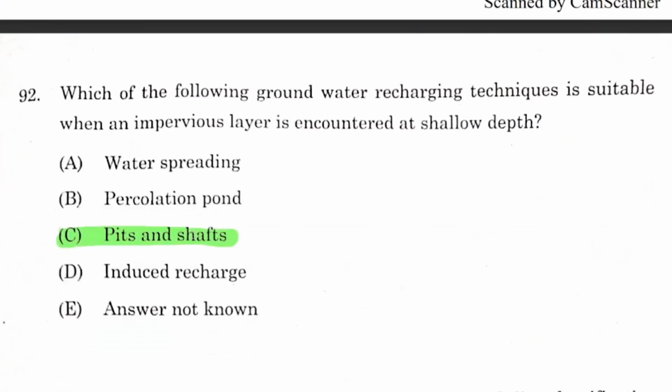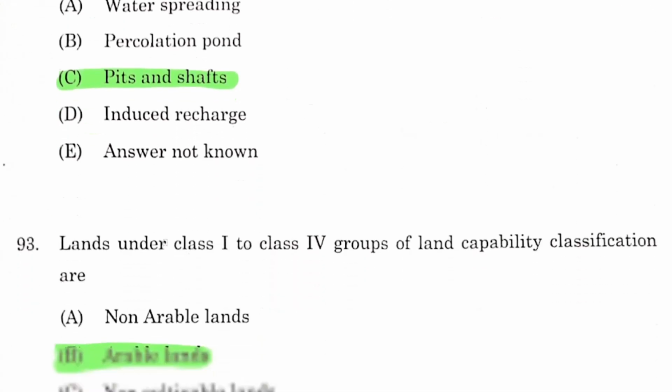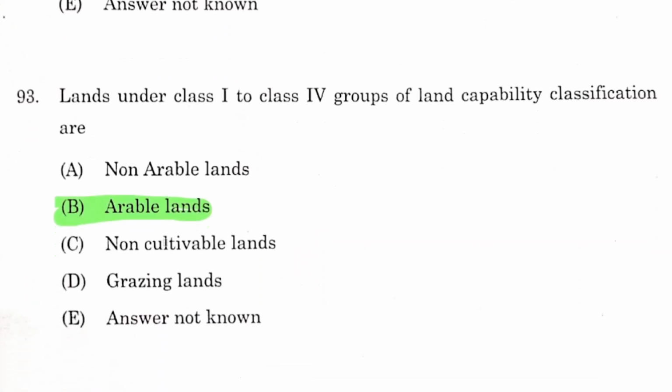Next question number 92. Which of the following groundwater recharging techniques is suitable when an impervious layer is encountered at shallow depths? That is pits and shafts. Next question is 93. Land under class 1 and class 4 group of land capability classification are arable land, and soil is classified in 8 groups.